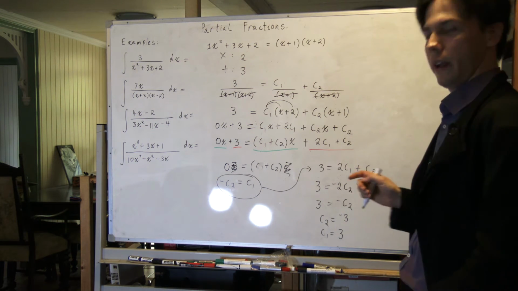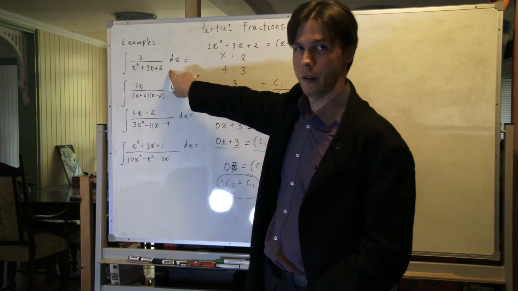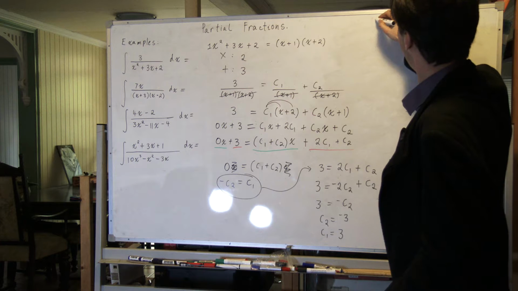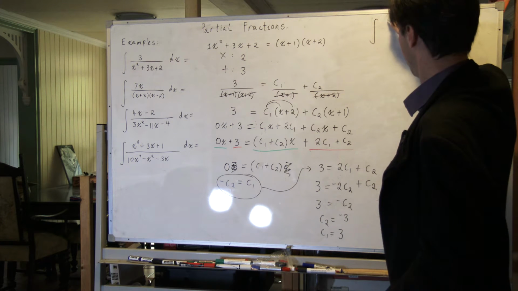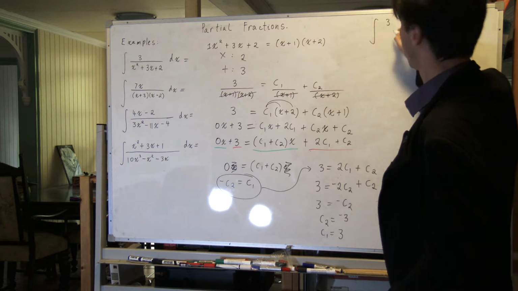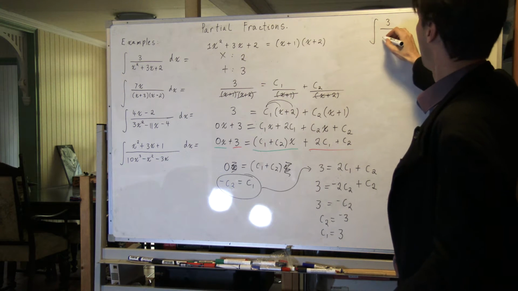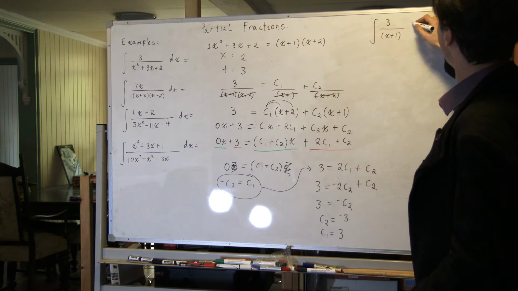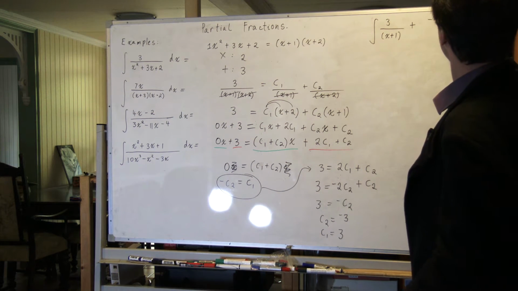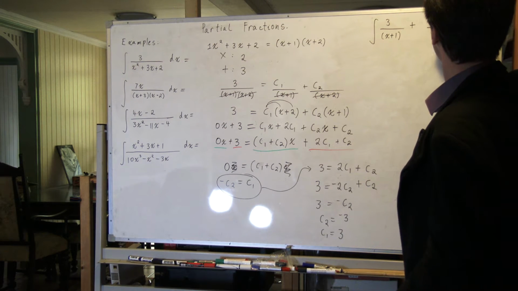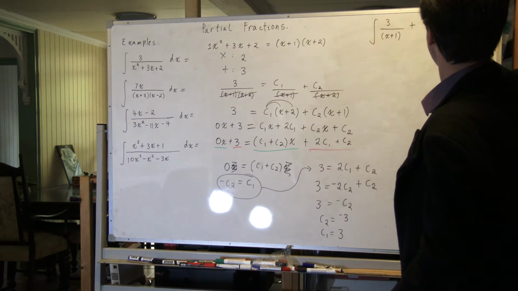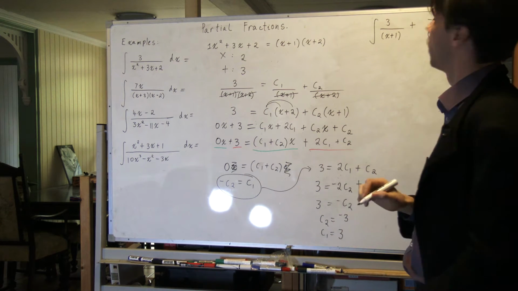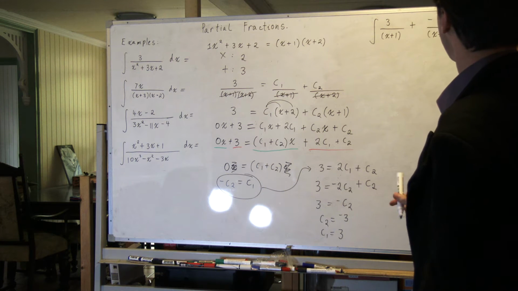So when I write this equation, another way to write it is c1, which is 3, over x plus 1, plus c2, which is negative 3, over x plus 2. All of that with respect to x.